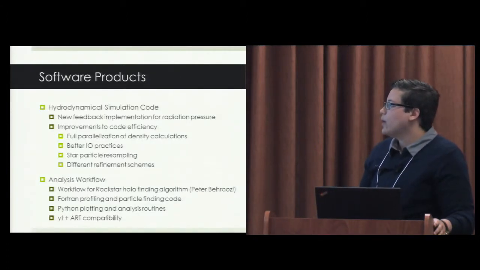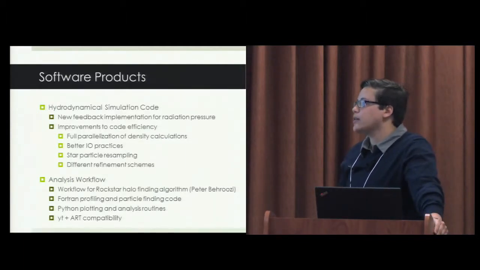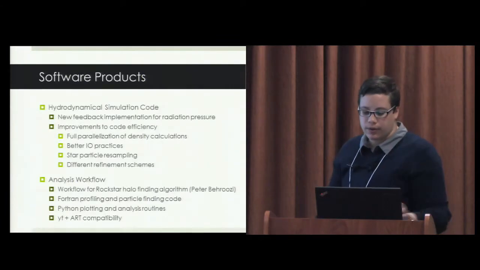We also introduced new profiling tools with our Fortran code and particle finding algorithms, as well as Python plotting and analysis routines. And I've been working with the yt code and the yt community in order to create compatibility for the ART code.